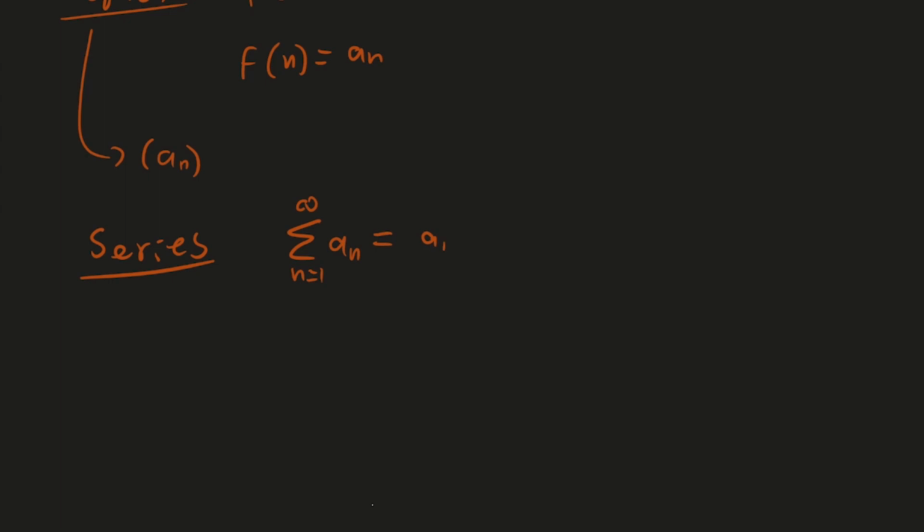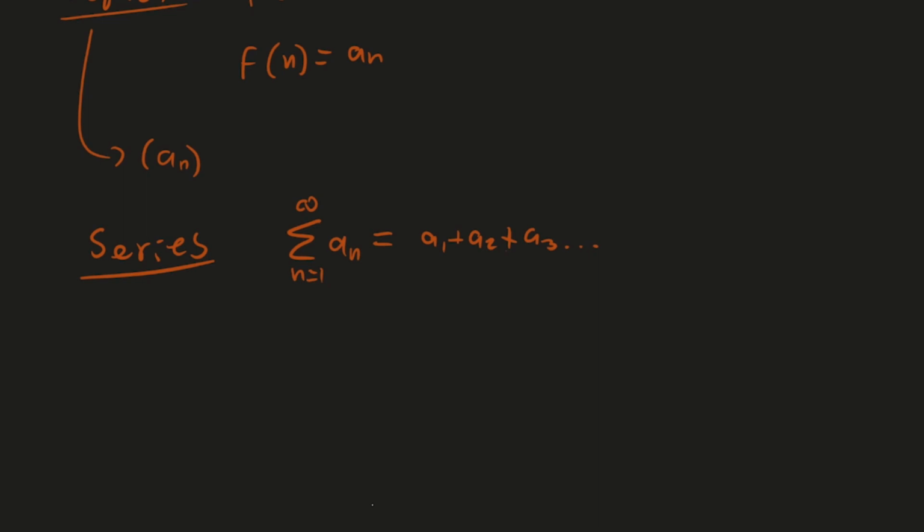So a1 plus a2 plus a3, so on and so forth. But a series, it's nice, but we want to find a way, and it'll be quite beneficial, to represent a series in a slightly different way. We actually want to end up representing a series as just a special type of sequence.